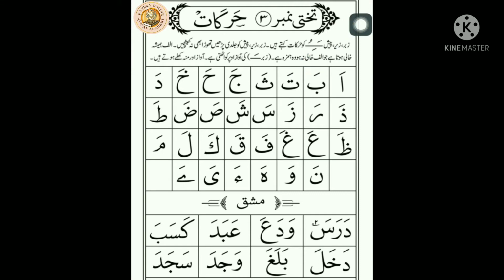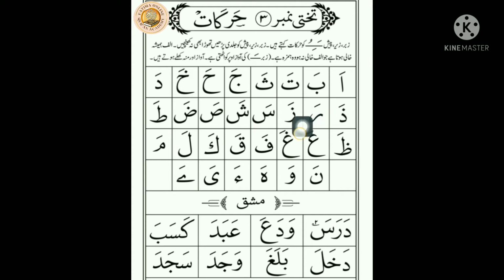The next point: whenever we read these Harakaath, we should read them quickly, we should not pull them at all. Always remember, we should read quickly. For example, ba zabar ba, ta zabar ta, like this, but not like a long ba zabar ba, ta zabar ta.